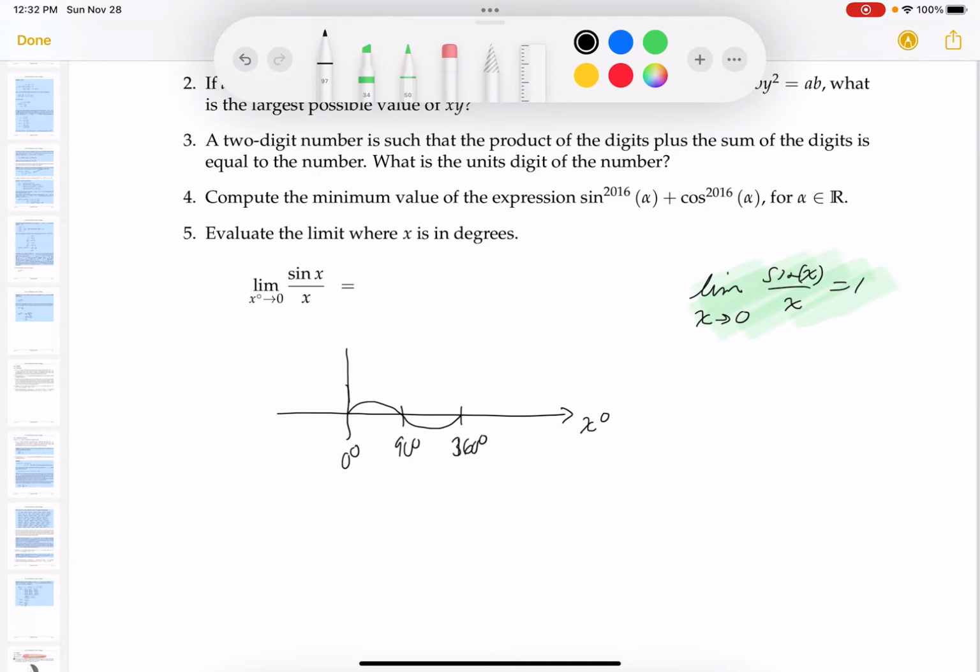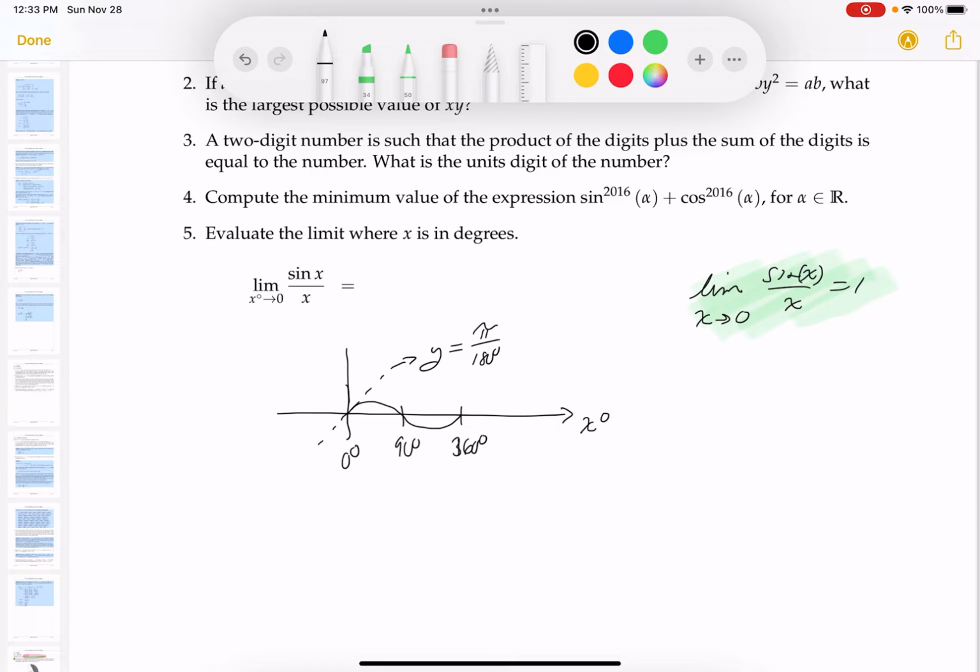This is 0 degrees. So I'm looking for a line over here that's going at the same rate. And that's got a slope to it, though, and the slope's not 1. And what would the slope of that be? The slope of this line, it goes through the origin, by the way, would have to be pi over 180 degrees.